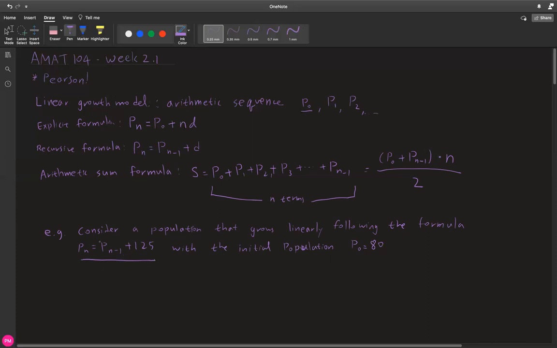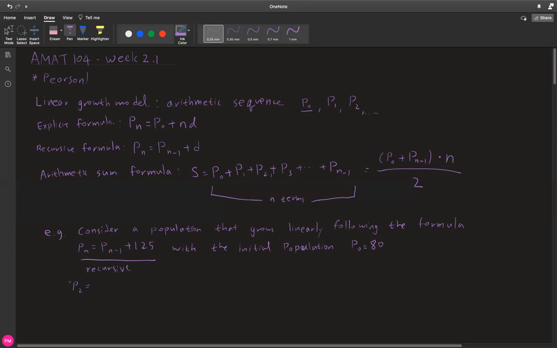This is evident by the P sub n minus 1. Now, knowing that the initial population is 80 and you're given this recursive formula, how do you find P sub 2 or P sub 3 and so on?